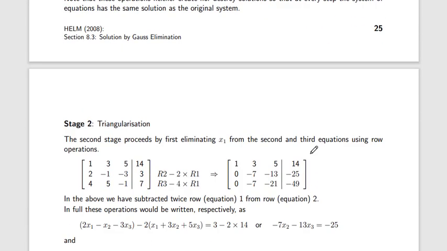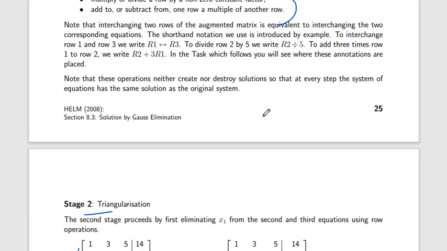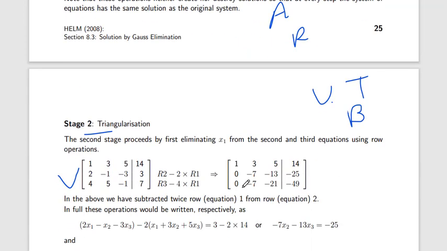Then the second stage is we make this augmented matrix into an upper triangle matrix. Simple Gauss elimination: first make the augmented matrix, then apply row operations and make it upper triangle. And with back substitution we can solve the linear equation.